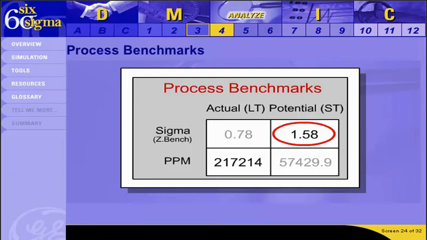The Z sub st calculation may actually represent the process entitlement if new technology is required to meet project objectives. The ppm row is the same as defects per million opportunities, or DPMO. The long-term DPMO is the number we will use in Step 5.